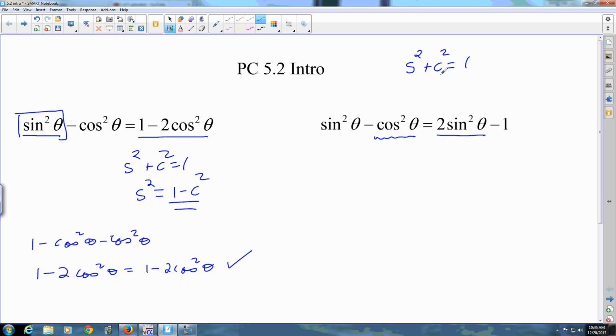Returning back to this, cosine squared is worth 1 minus sine squared. But be a little bit careful. This is what you're going to replace with that, and you're subtracting it. So you have to be a little careful. Minus whatever it's worth. And it's worth 1 minus sine squared.